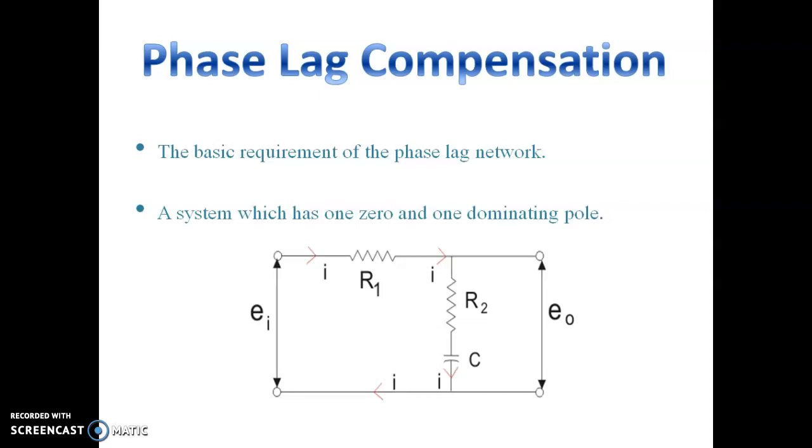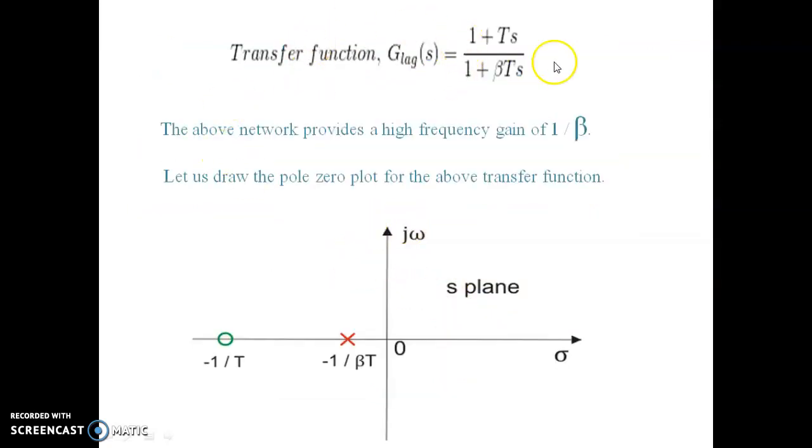Okay, so that is the basic requirement, and you can see the diagram. Resistance here, resistance and capacitance that are in series with this R1, right? So if you find the transfer function, then you will get this transfer function. So here it provides a high frequency gain of 1 by beta.